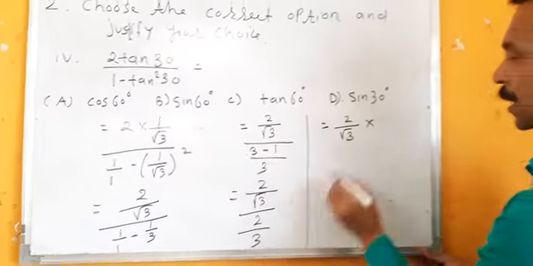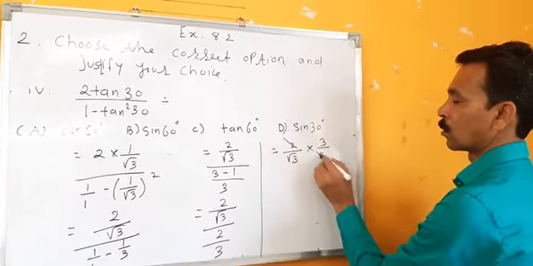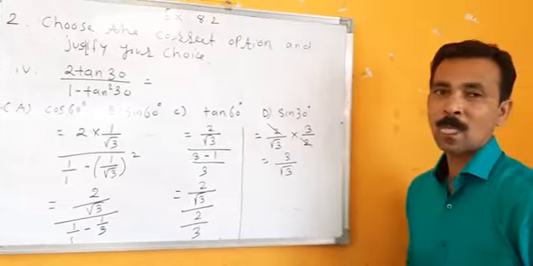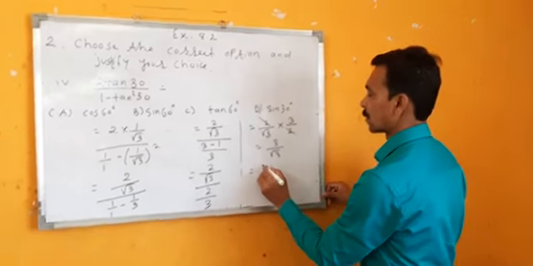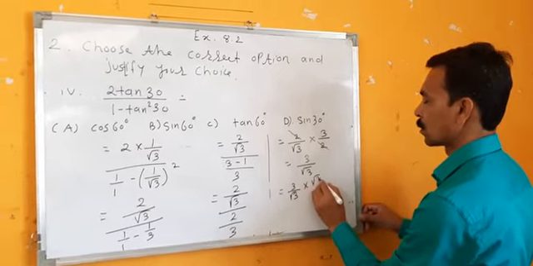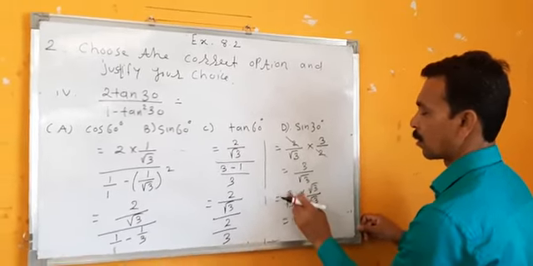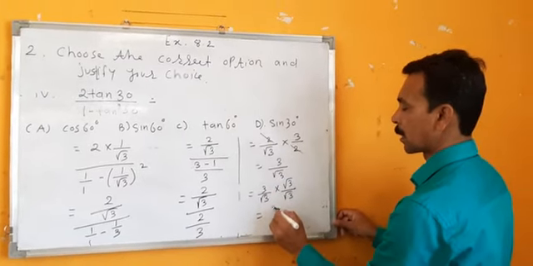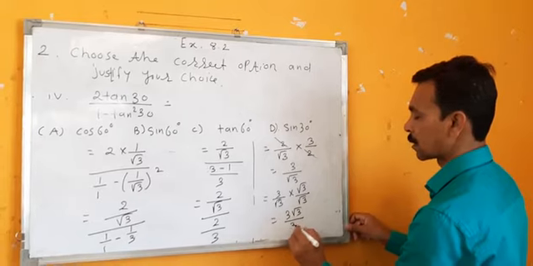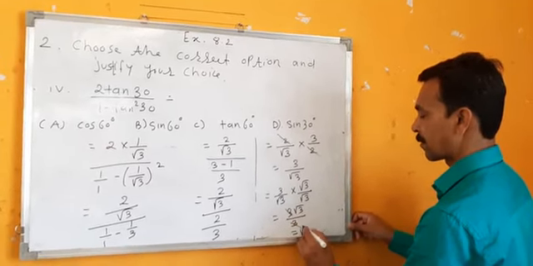Division becomes multiplication, so the reciprocal is 3 by 2. 2 gets cancelled, and it is equal to 3 upon root 3. But this is irrational. 3 upon root 3 into root 3 upon root 3. Multiply numerator with numerator: 3 into root 3 is 3 root 3. Root 3 into root 3 is 3. 3 gets cancelled.